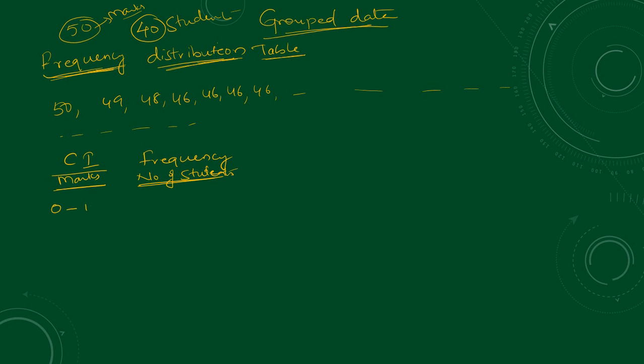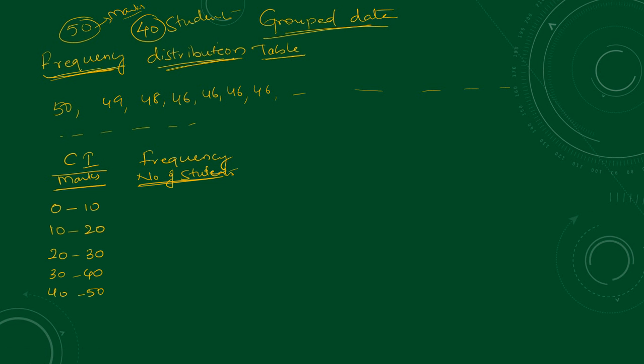From 0 to 10 marks is one class interval, 10 to 20 is one, 20 to 30 is one, 30 to 40 is one, and 40 to 50 is one more interval.